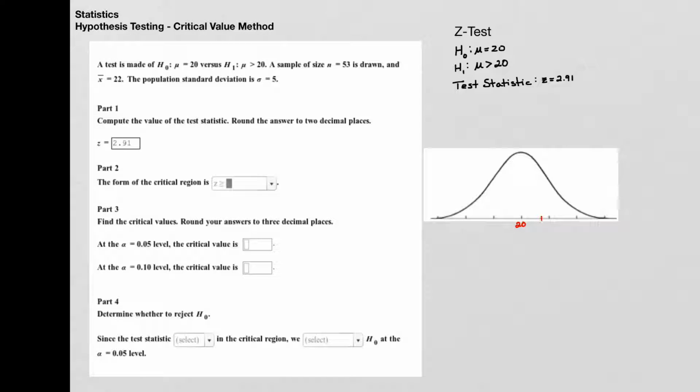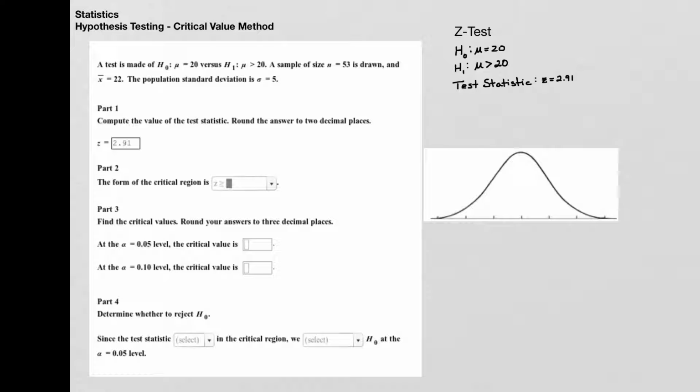Is it somewhere like here? Or is it somewhere like here? We don't know until we standardize that value, and that's what the calculator is doing for us when it calculates the test statistic. So in this case, we found out that the test statistic is 2.91.